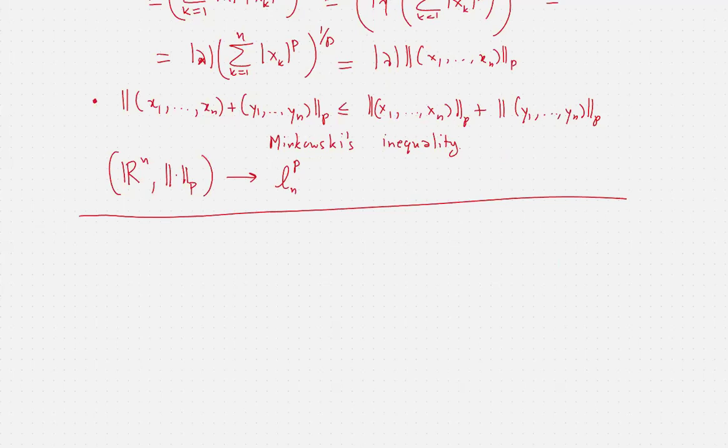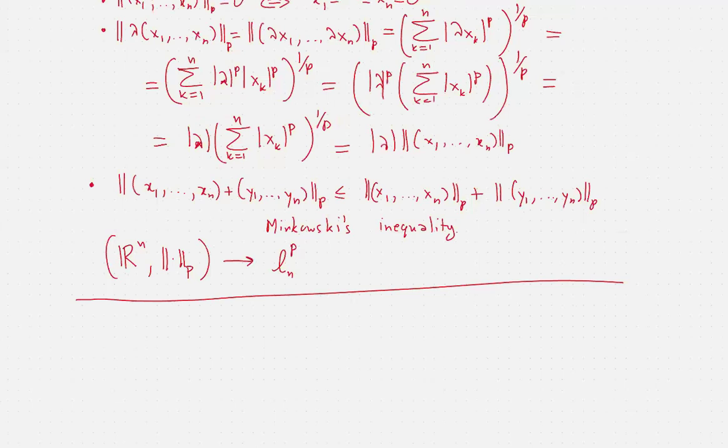The completeness here is pretty straightforward to check, because if you get a Cauchy sequence of such elements, then you can show that you get Cauchy sequences coordinate-wise, and then they converge. And then if you form the element that has as its coordinates the limits of those sequences, it's immediate to show that the original sequence tends to that element.